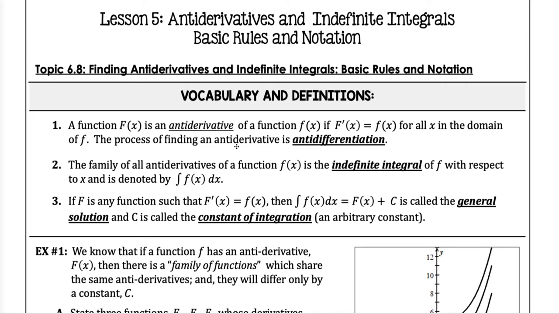What we haven't gotten to yet is if you do integration without numbers, it's called an indefinite integral. And I know I mentioned that word the other day, but we didn't really talk about what it was.